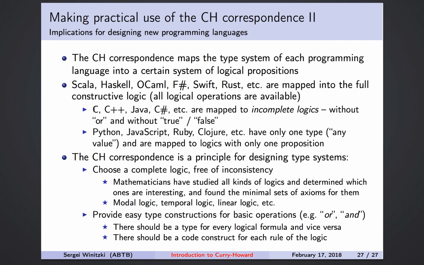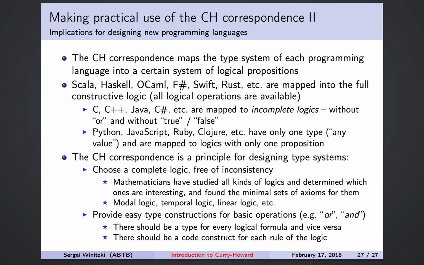Whereas languages such as C, C++, Java, C#, and so on, are mapped to incomplete logics because they do not have some of these operations. For instance, they do not have type constructions that correspond to disjunction. They also do not have the true constant or the false constant. So they are mapped to a logic that lacks some of the foundational logical operations, so fewer theorems can be proved in that logic, and so your reasoning about your types is hampered.